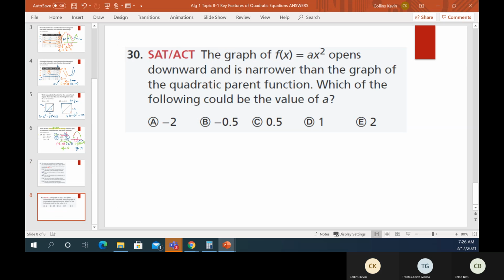Okay. So it says the graph of ax squared opens downward and is narrower than the graph of the quadratic parent function. So which of the following could be the value of a? All right, so if it opens downward, do we need a positive value or a negative value? It's going to open downward.